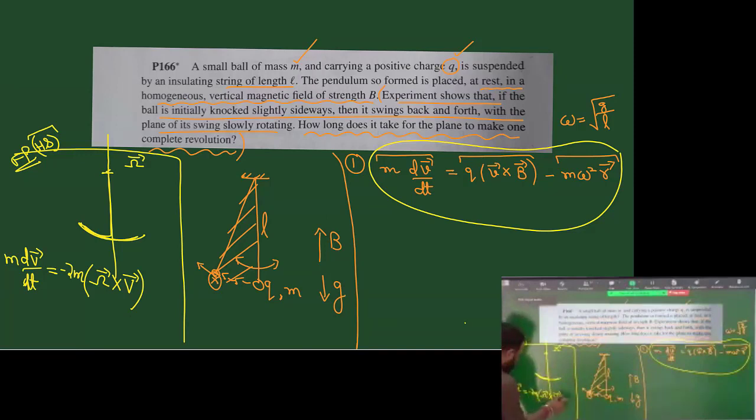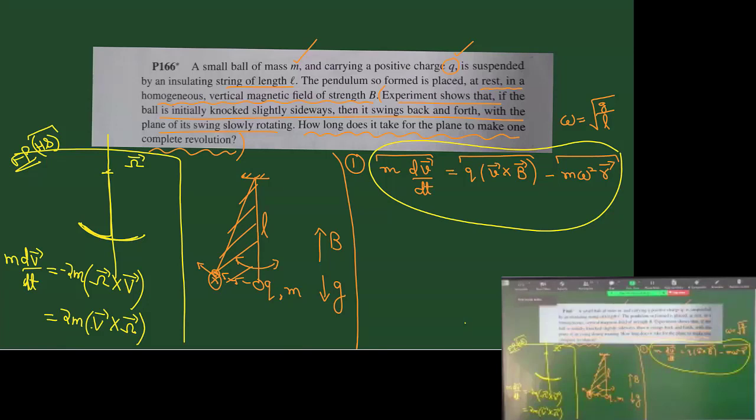So this term as such becomes twice of m omega vector. If you have taken that minus term separately, you'll have that V vector cross capital omega vector term. So 2m V cross omega will come.